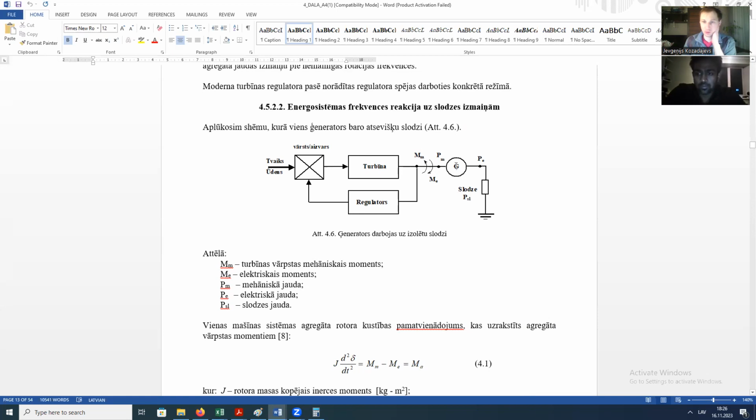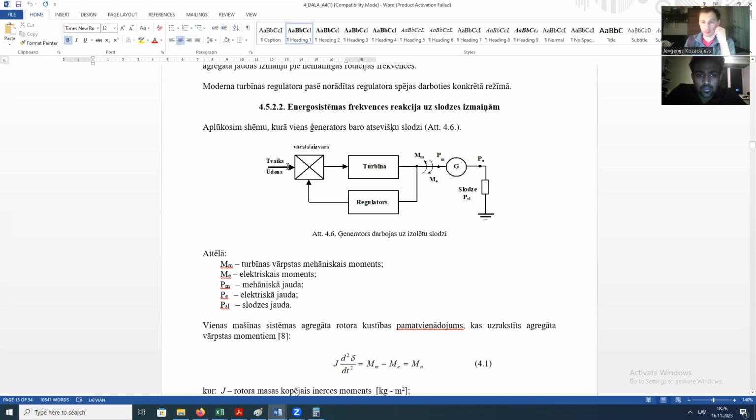This one is a generator and here P is a load. As we discussed, there are two main types of electricity production generators: if we use steam or if we use water, so a steam turbine or water turbine.